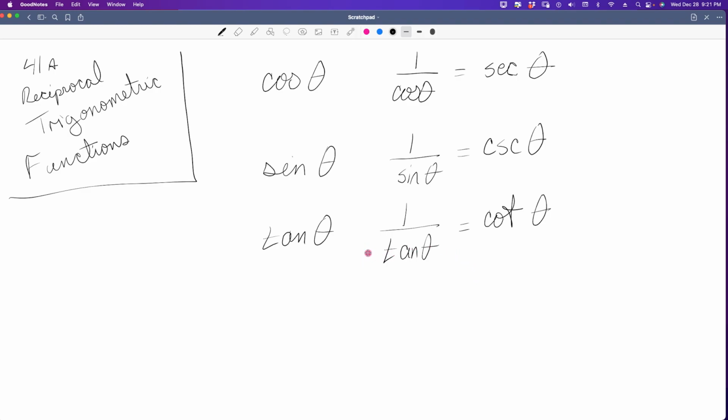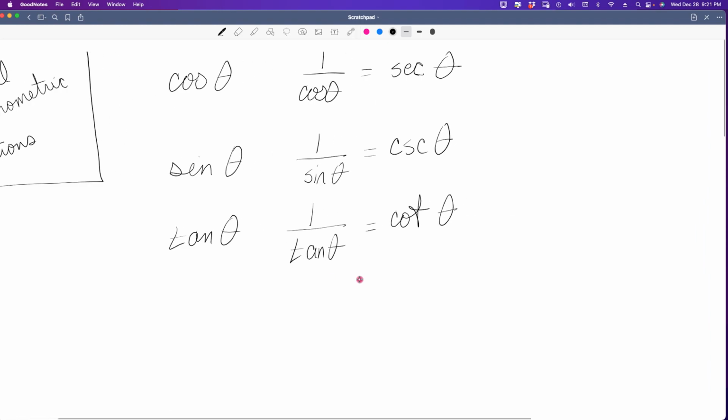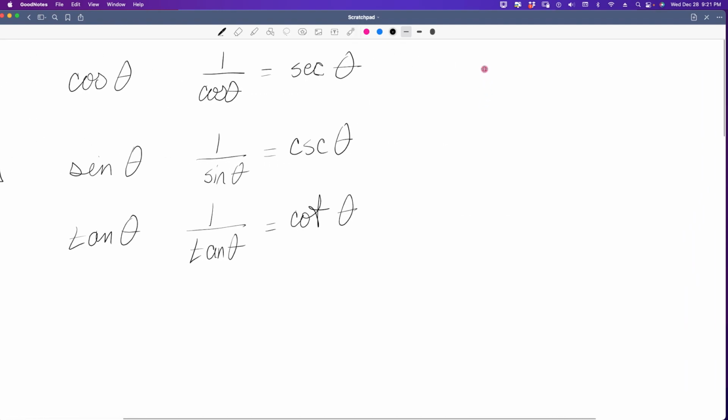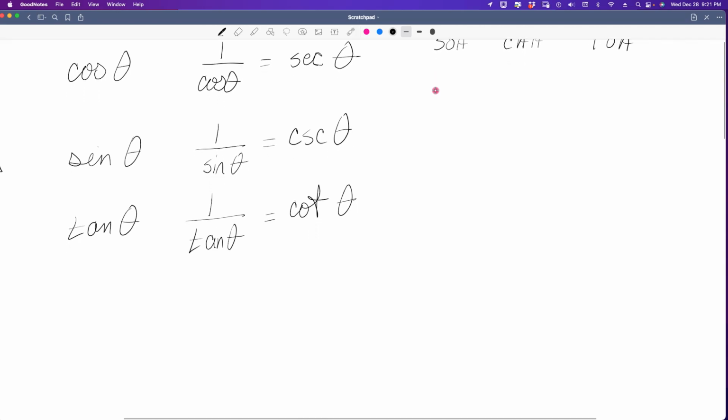And we remember the definitions by using SOHCAHTOA for each of these. So it would make sense that the reciprocal is going to be the flip.